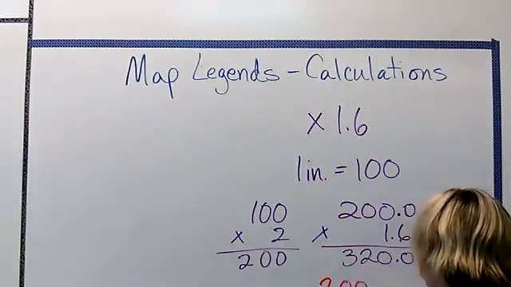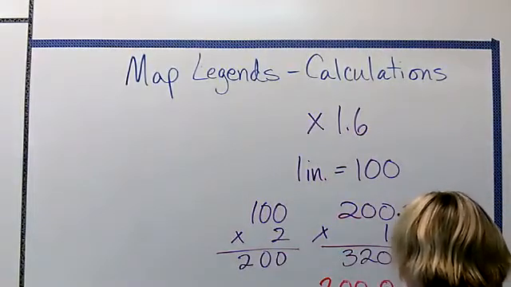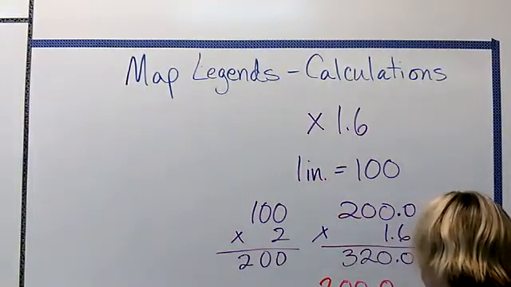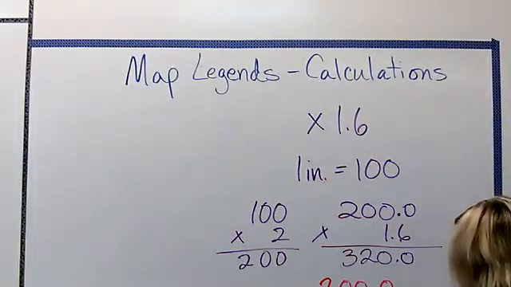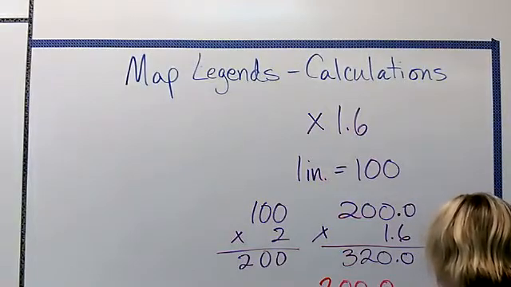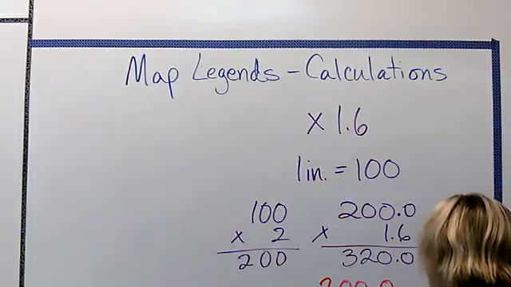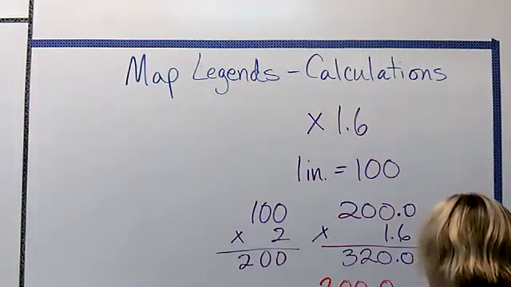200 times 1.6. So always line up your decimals, 0, 0, 0. 12.